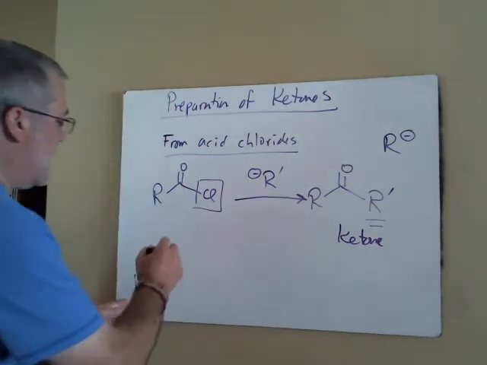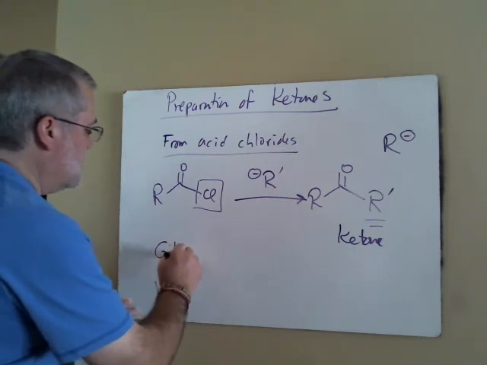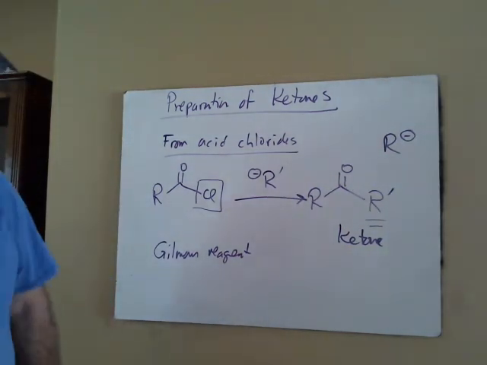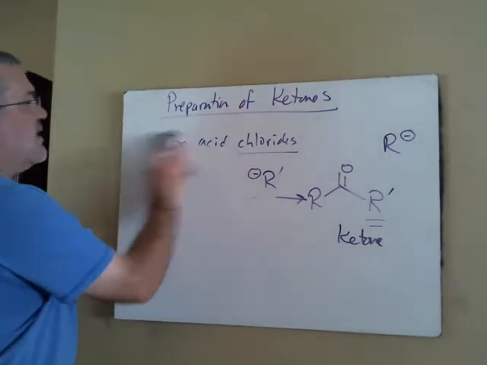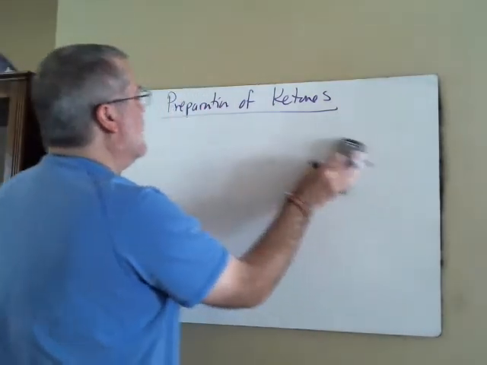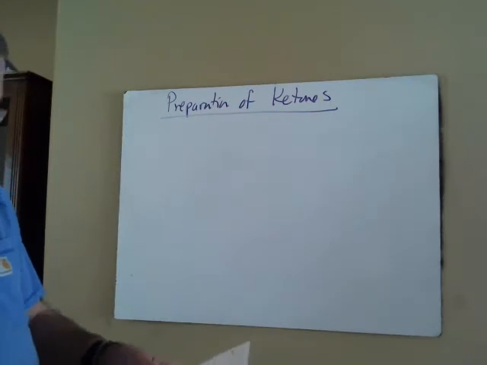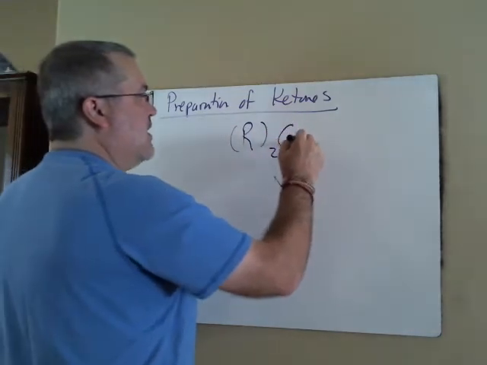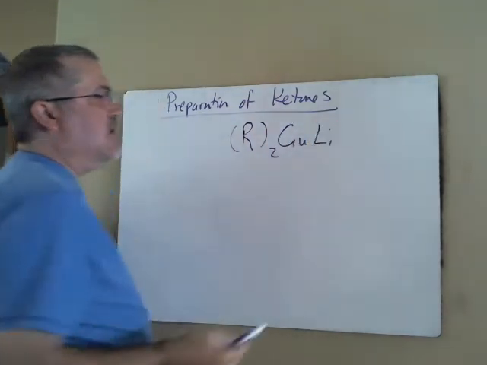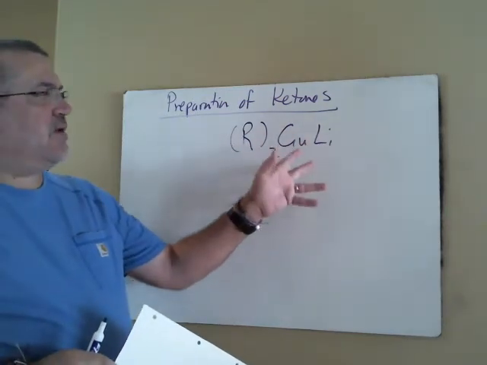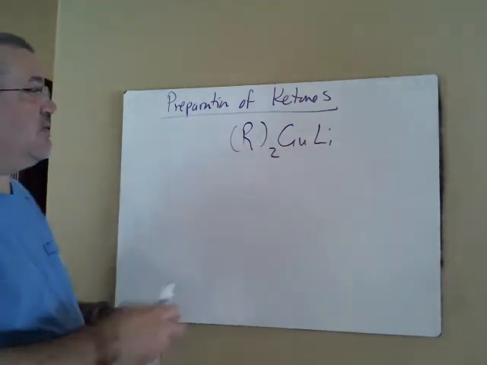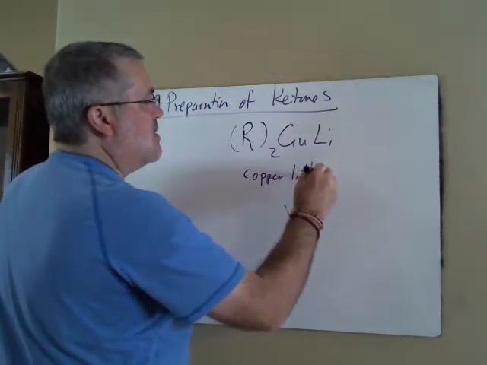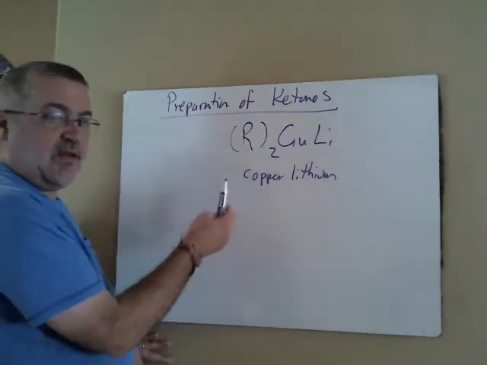So it's actually our friend the Gilman reagent that we looked at earlier, which is that copper lithium reagent. In the beauty of digital technology, I can erase this because I know you can always pause it to write all of that down. Do you remember what the Gilman was? The Gilman was that reagent where we effectively reacted an alkyl halide with lithium and then with copper, and we ended up with this copper lithium reagent where we have two R groups attached.